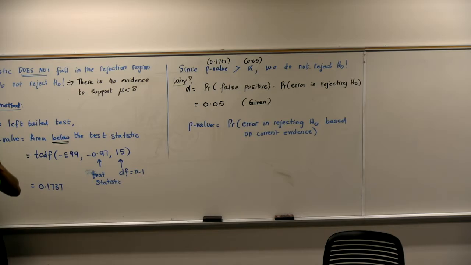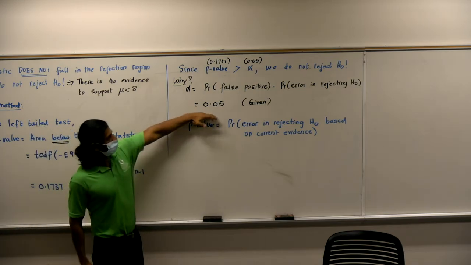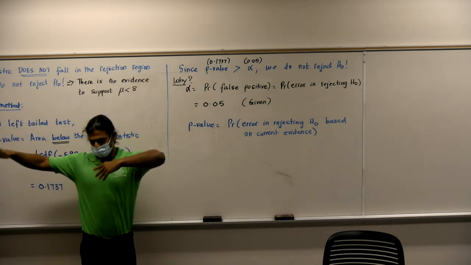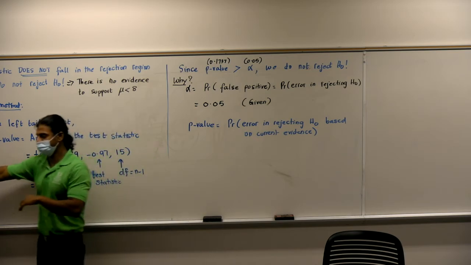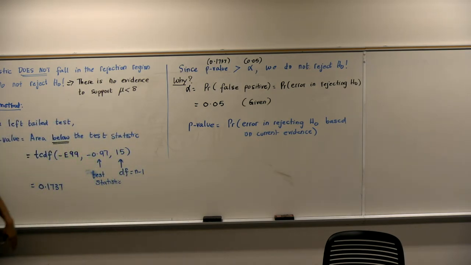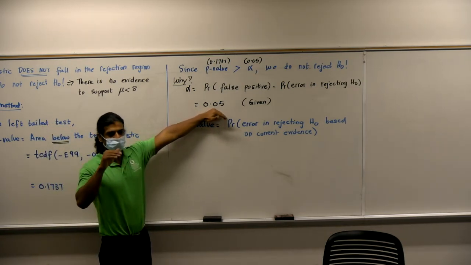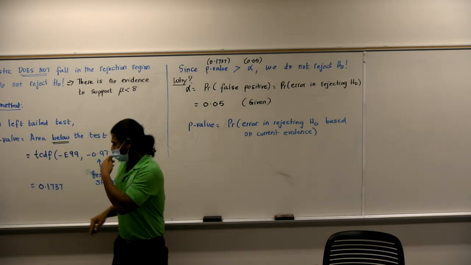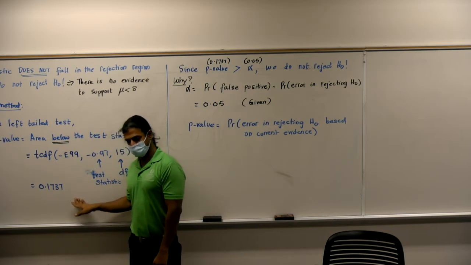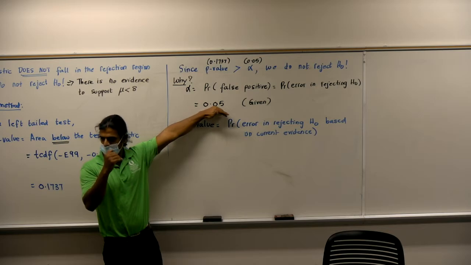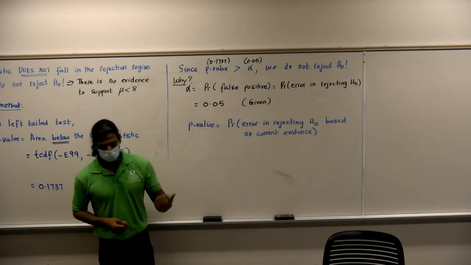So I've set a standard for myself, and that standard is I would like to have 5% or less. That's why I stressed the importance of alpha and how subjective it could become. For me, the standard is it has to be 5% or below. So even if I got 6% here, I'm not convinced because my standard is 5%. So I need to have 5% or below.